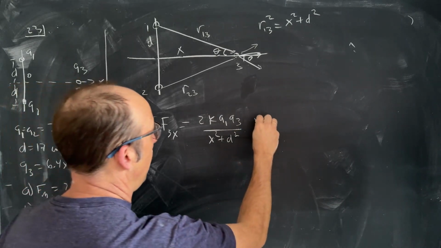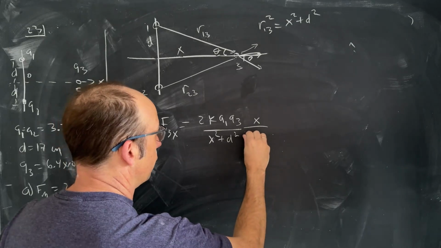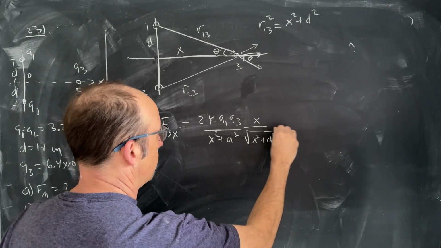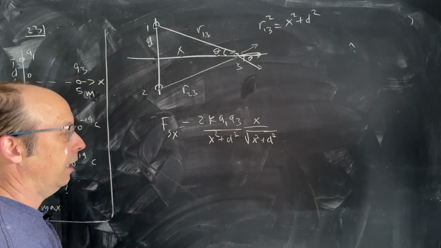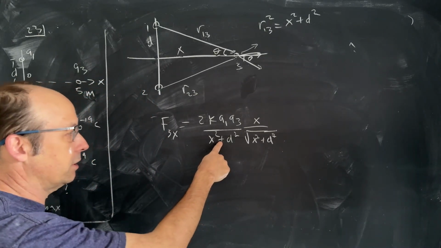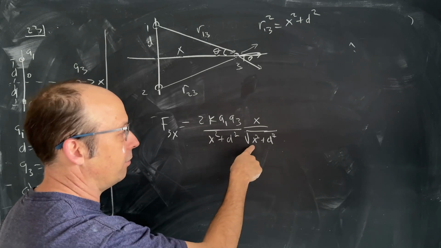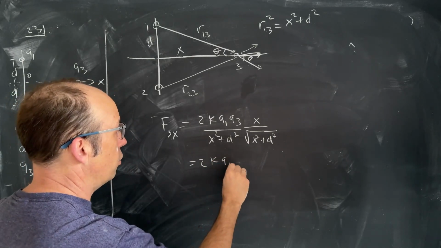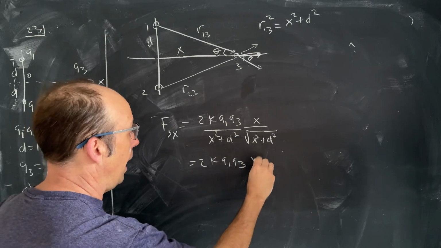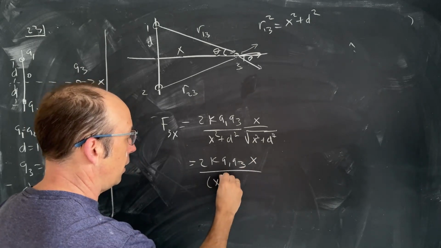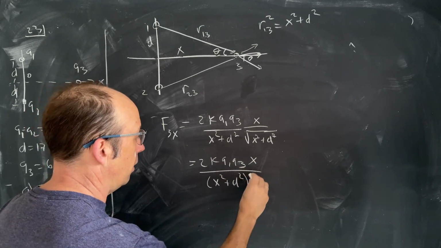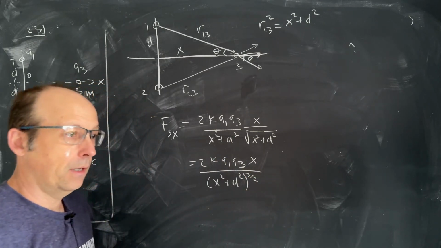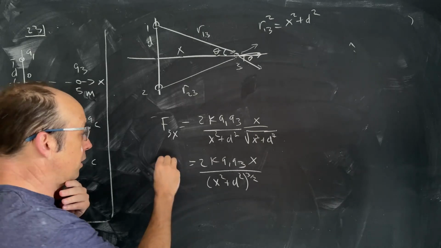It's going to be x over the square root of x squared plus d squared. Now let's combine these two, because this is x squared plus d squared, and this is x squared plus d squared to the 1/2. So I actually get 2k Q1 Q3 x over x squared plus d squared to the 1 plus 1/2, which is 3/2. And that's my force as a function of x.